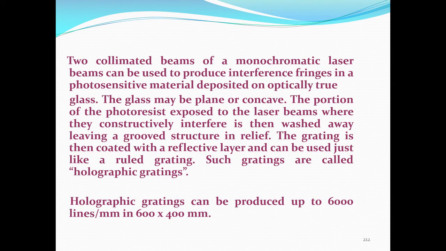In your day to day life, holographic gratings are used on cars, car headlights, stamps, 3D designs, and all these things. Holographic gratings can be produced up to 6,000 lines per mm and in sizes of 600 to 400 mm, that is 60 to 40 centimeters.